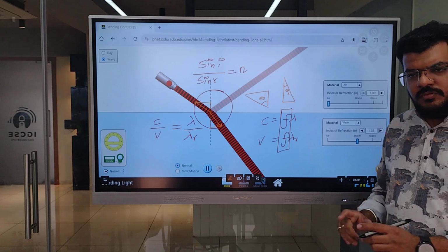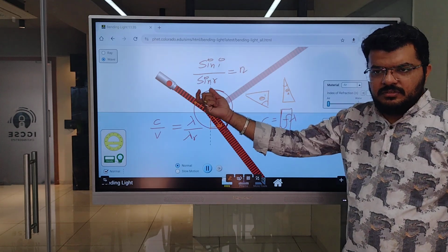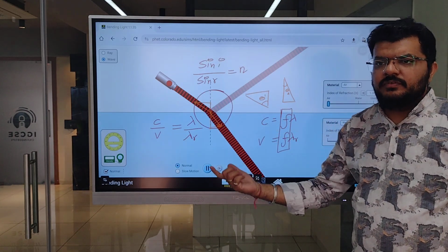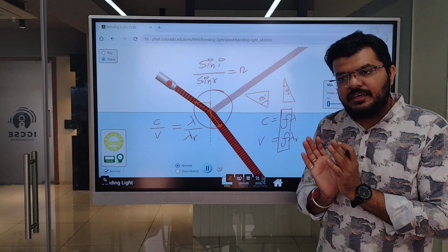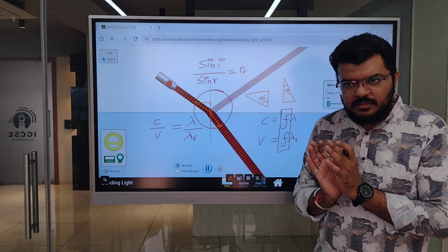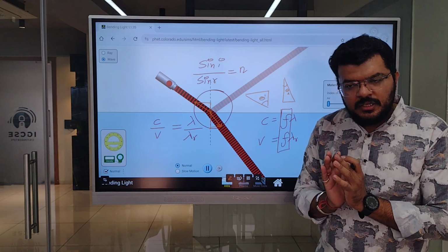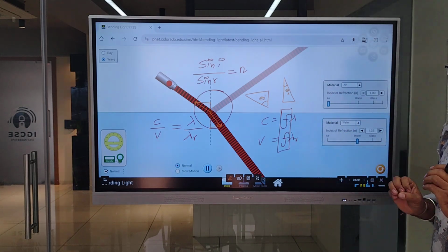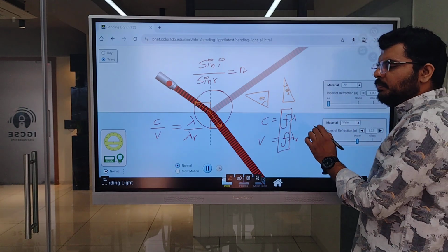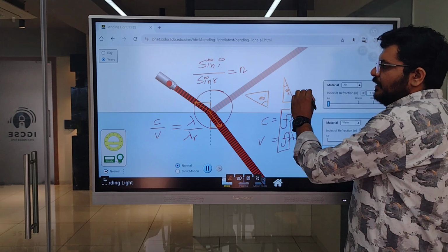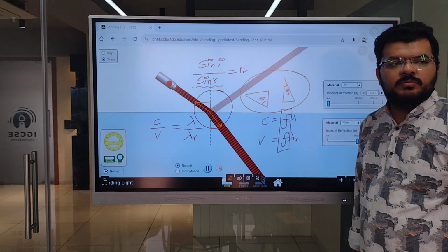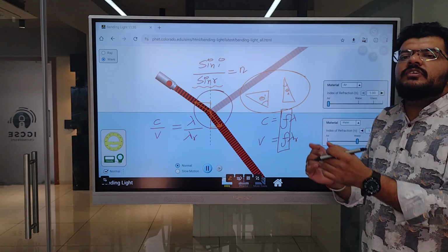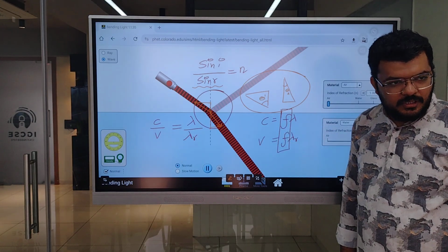Now, if you remember, sine and cos and tan, all of them are ratios of angles and sides of a right angle triangle, right? Do you know this much? Now, without going into a lot of mathematics, simply in this triangle and by this method they are actually trying to measure the ratio of the speed of light in different media.